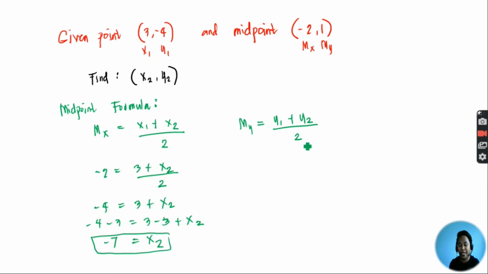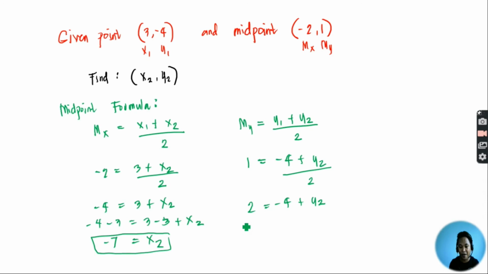And we obtain -7 for our x sub 2. Then, solving for y sub 2, we are going to use the y coordinate of the midpoint, which is 1, equal to y sub 1, -4, plus y sub 2 all over 2. Then, cross multiply. 1 times 2 is 2, equal to -4 plus y sub 2.